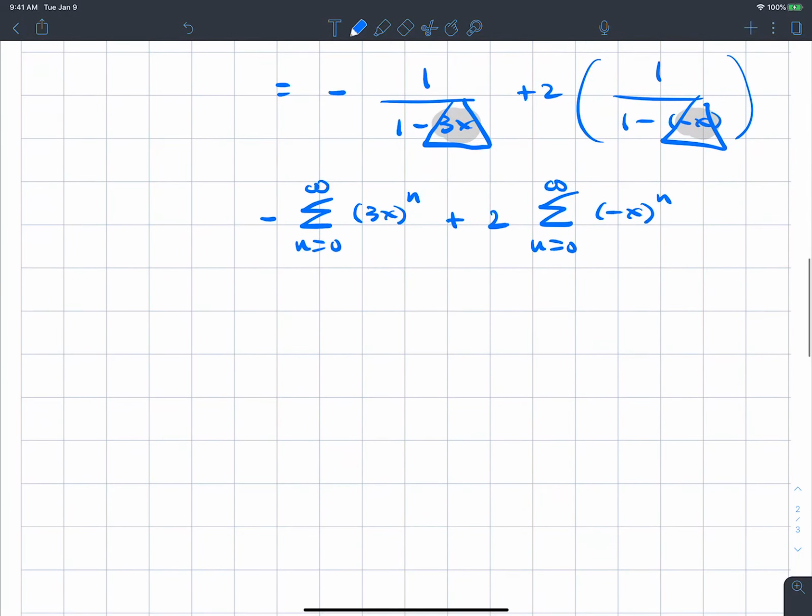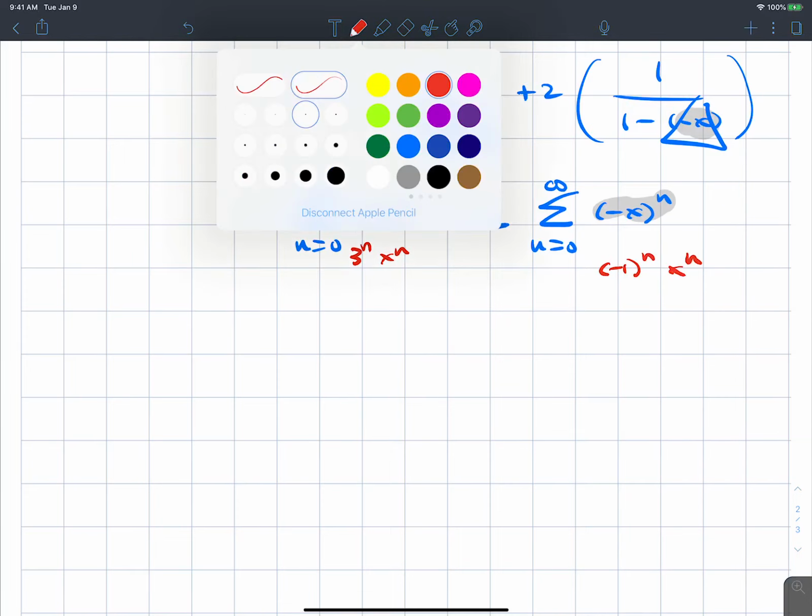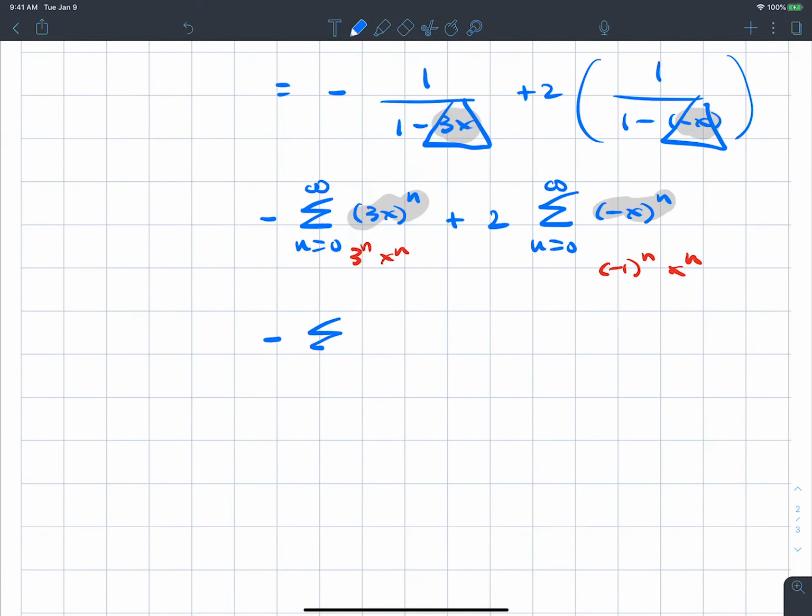So we're going to simplify what we have here by properties of exponents. This is going to be 3^n x^n right up in here. And here we're going to have (-1)^n x^n. So altogether, I get minus the sum n is 0 to infinity of 3^n x^n, plus 2 summation of (-1)^n x^n, n is 0 to infinity.